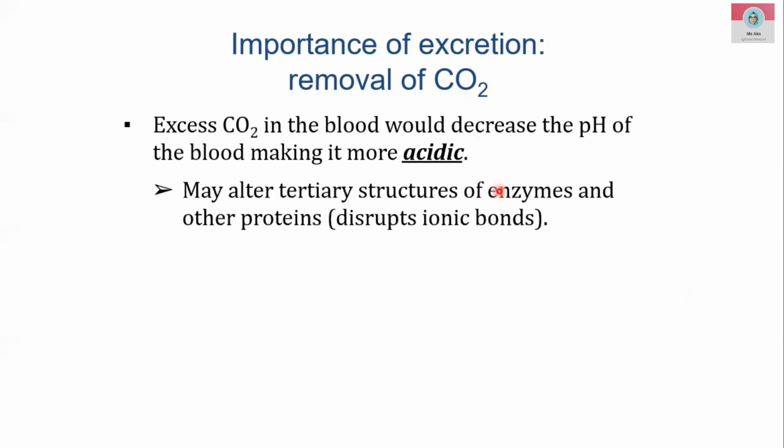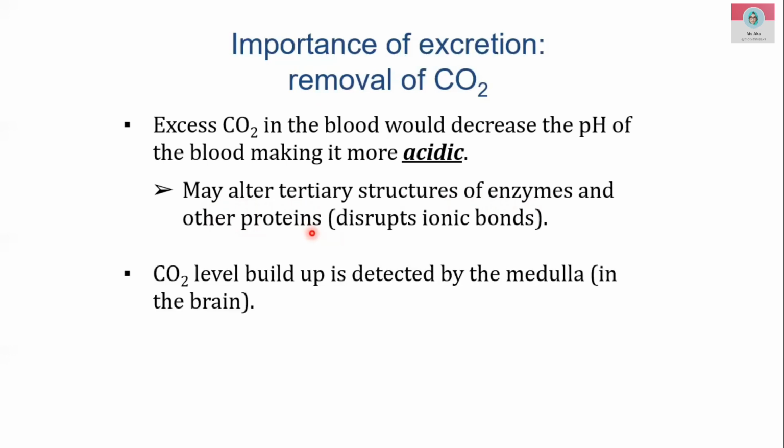Which you have already mentioned and were able to explain from last session, that any extreme changes in the pH, maybe it's too acidic or too alkaline, may alter the tertiary structures of the enzymes as well as other proteins, therefore causing them to stop working, because we're disrupting the ionic bonds that hold the tertiary structure together.